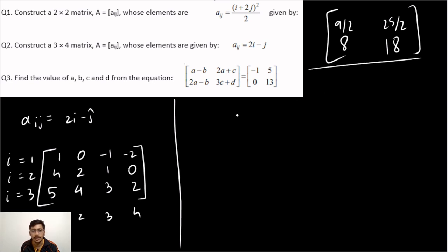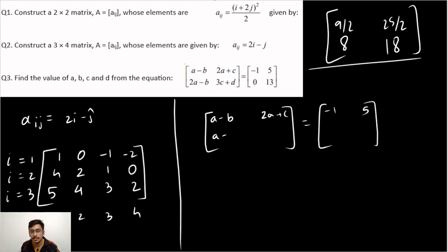Okay, and simply the third question says that it basically has two matrices which are equal. So if two matrices are equal, then all elements should be equal. So A minus B is nothing but minus 1, then 2A plus C is 5, 2A minus B is 0, and 3C plus D is 13.